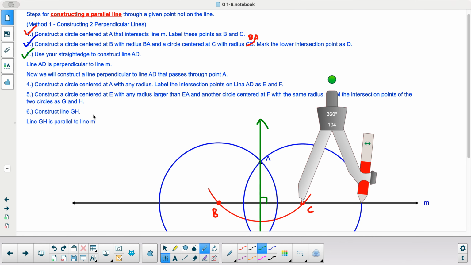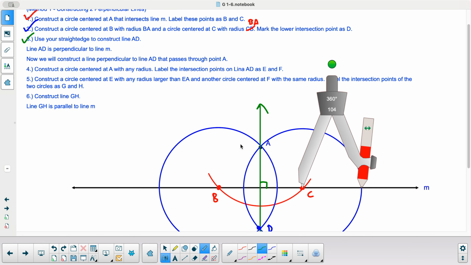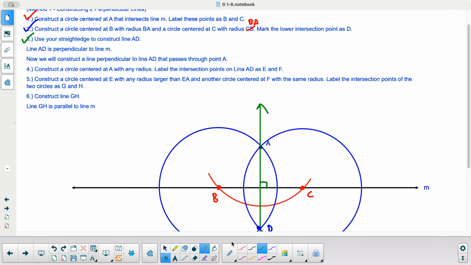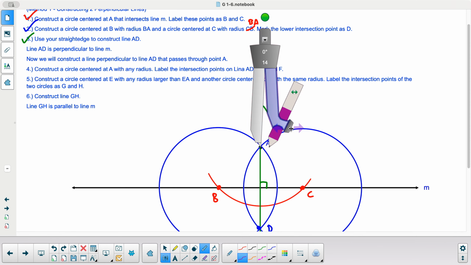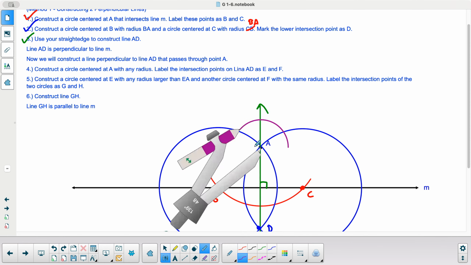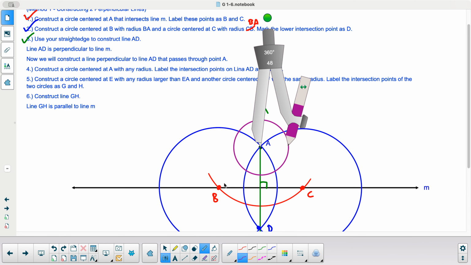I'm on step 4. So construct a circle centered at A with any radius. Okay, so let me get a new color here. Let's use purple. So I'm not going to make it too big. Okay, there's that.